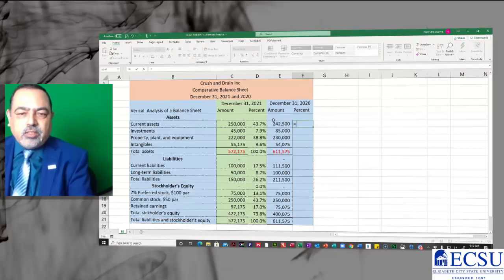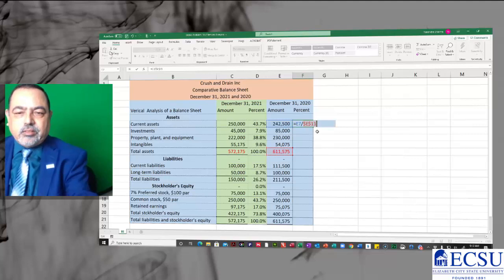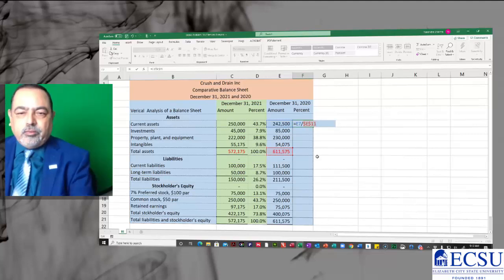Equal to, this is 242,500 divided by the base figure, that is 611,575. Again, we do the masking. This is F4, and that is the second way of doing it. Hit enter, it calculates the percentage.